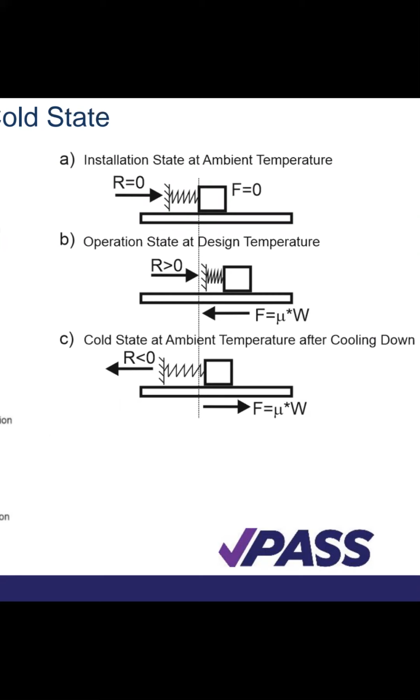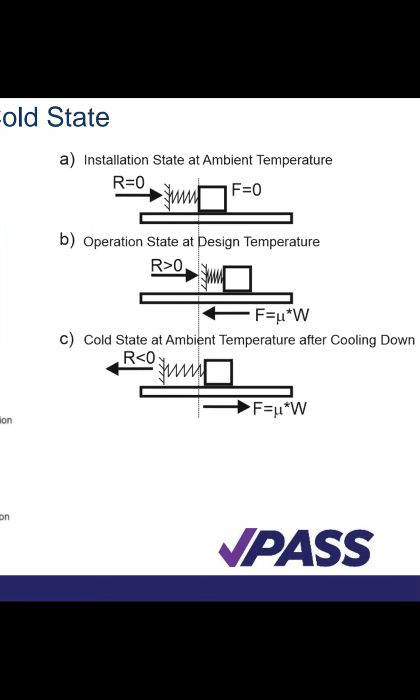So in this installation state at ambient temperature, talking about ambient temperature, we are looking at the temperature of the surroundings, the environment in which this pipe that we've modeled is to be operated. At the installation state, that's the state in which you're now installing this pipe in real life. For this pipe that you modeled, in its installation state, the R will be equal to 0.